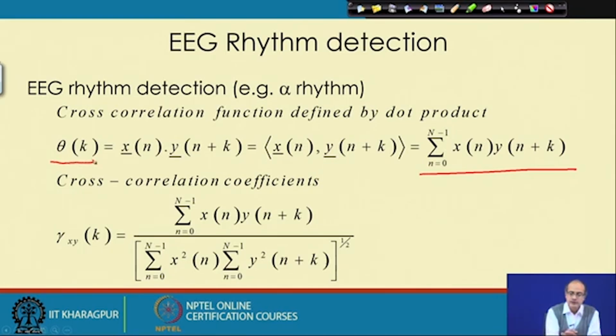Why do we call it cross? Because we are taking two signals, one is x, another is y. Otherwise, if we apply it on the same signal, or signals from the same patient and for the same set of leads, then we call that the auto correlation function. And if that same kind of rhythm is there, then what will happen?